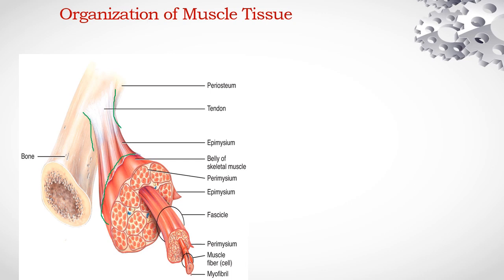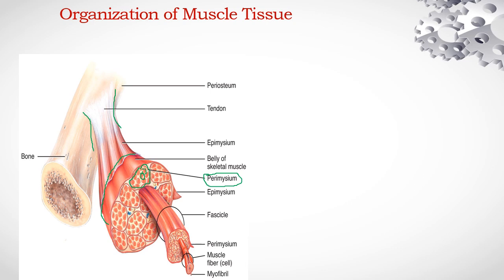And this entire muscle is simply a group of muscle fibers known as fascicles. So these structures in here are known as fascicles. Okay, and these fascicles are actually covered by a connective tissue covering known as the perimysium. Then from there, this fascicle is a group of other muscle fibers inside here.